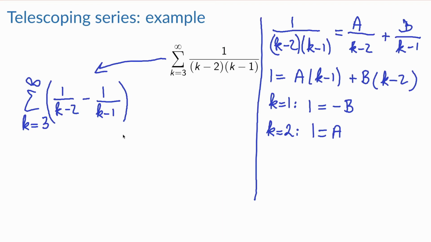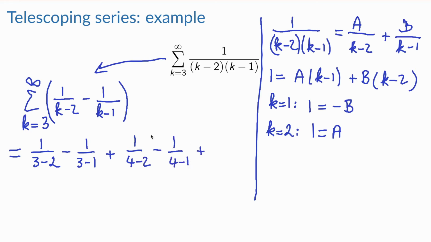So now we've simplified the expression, and now we can write out some terms of the sum and see what we get. When k equals 3, we get 1 over 3 minus 2 minus 1 over 3 minus 1. And then plus, when k equals 4, we get 1 over 4 minus 2 minus 1 over 4 minus 1.